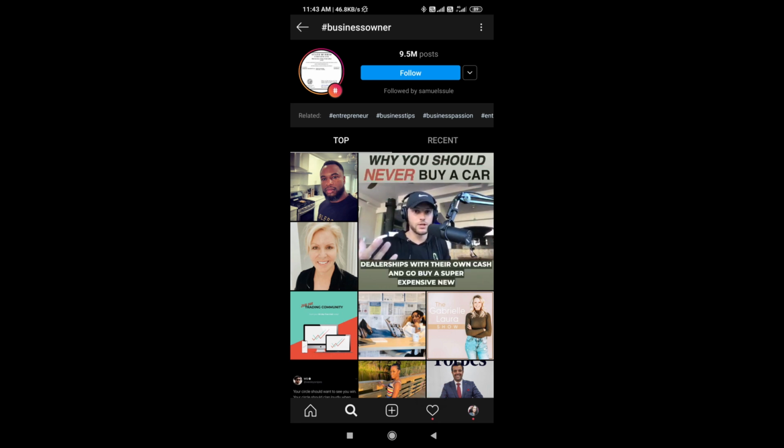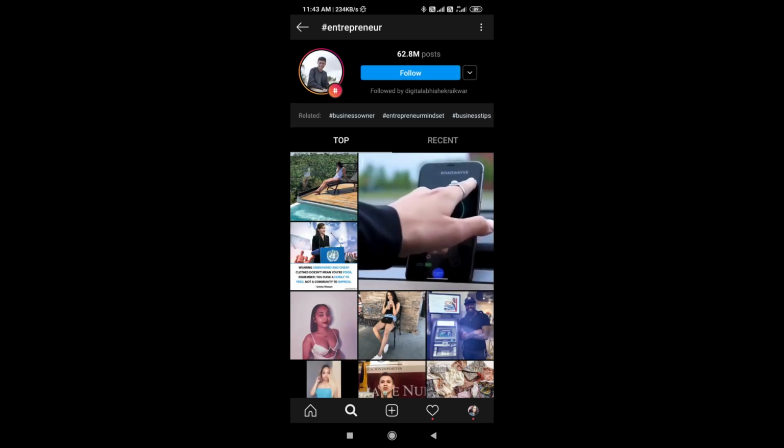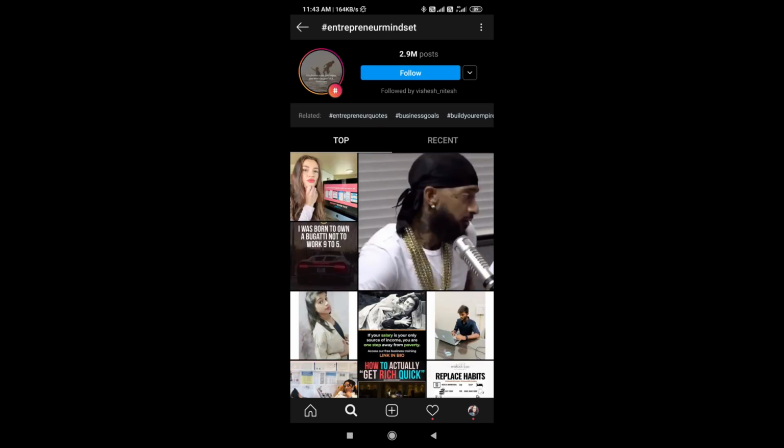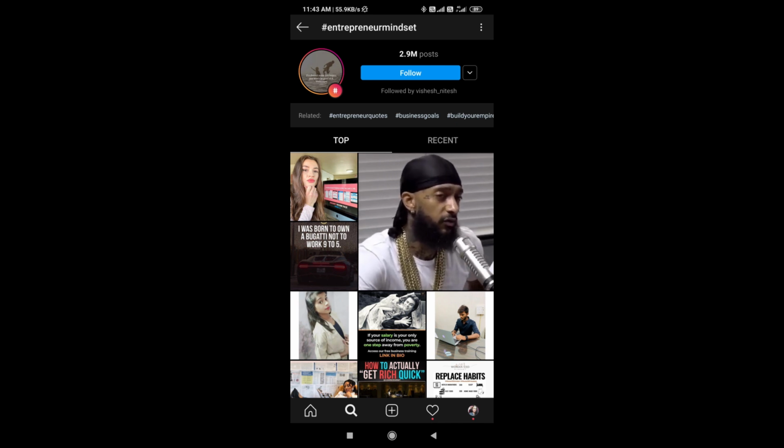Then related, you can see over here we have entrepreneur. It has 62.8 million. Then entrepreneur mindset, that is also 2.9 million, and so on. You can go on searching it, because Instagram shows you all the related hashtags that are present. You can go through all of them and divide it like that.